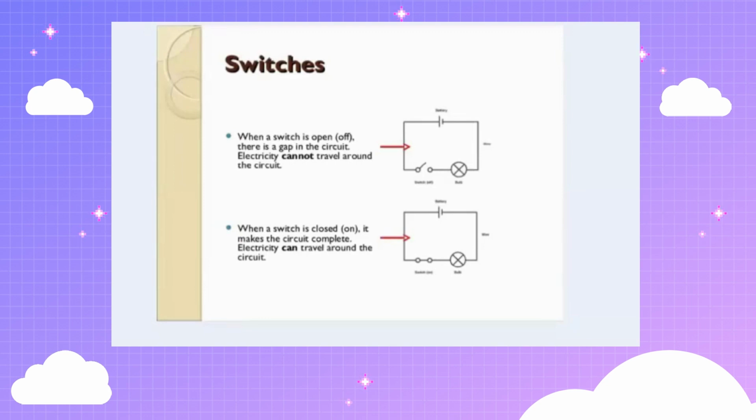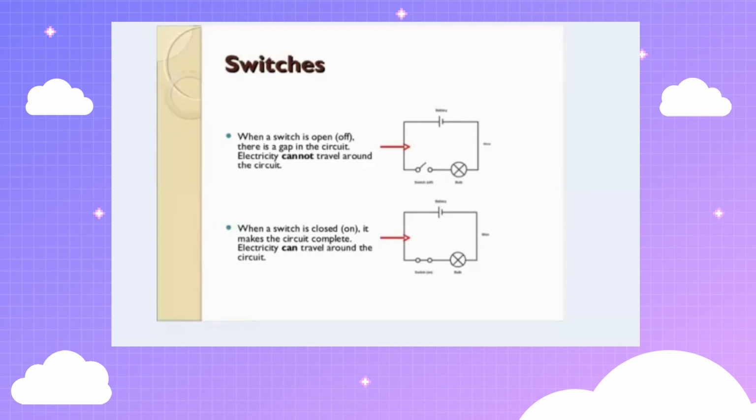An electric current cannot travel around the circuit. If you see this picture, the switch is open or off, so this means that the electricity cannot travel. But in the second picture, the switch is closed and the electricity can pass through it.